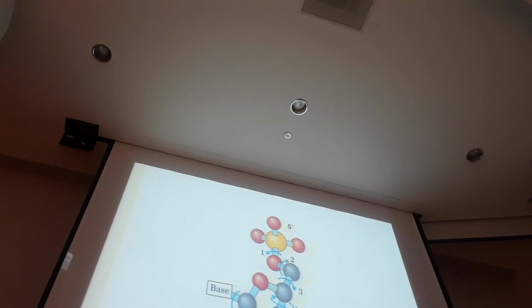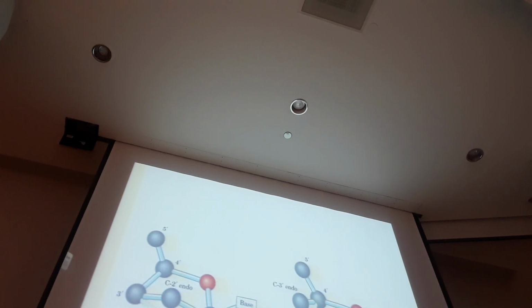Okay, so let's come to the conformations that can be assumed by the sugar, and these have been called puckered sugar conformations. There are a variety of structures that this ring system can assume.